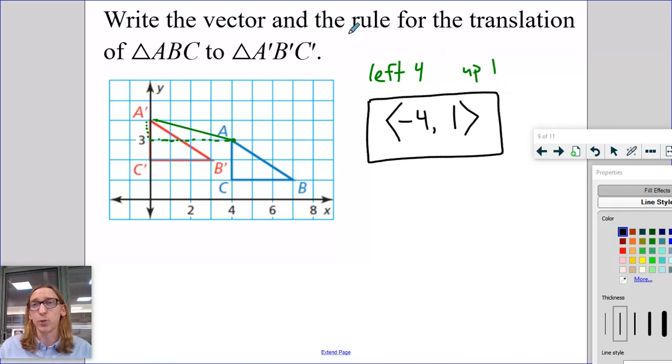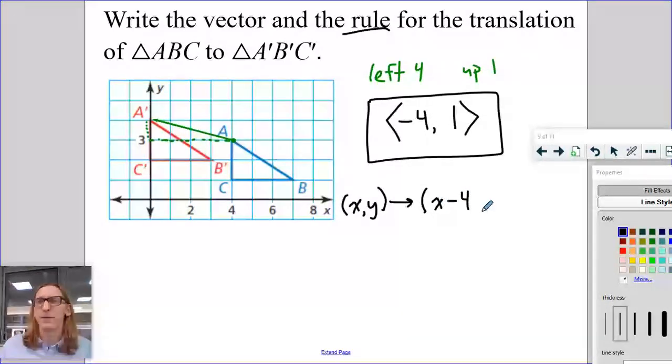And then as a rule, that's the one that looks more complex than it really is, but writing it down can be a little tricky. We first say that the original coordinate (x, y), so you need to write that down, is transformed into, and then we describe how those coordinates are different. The x coordinate, well, it moved left 4, so all the x coordinates have 4 subtracted from them, comma.